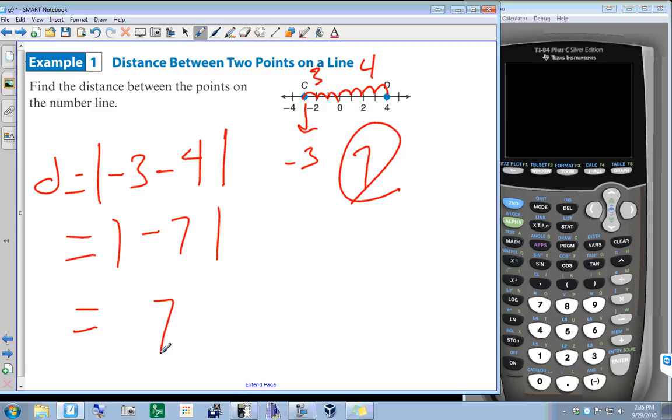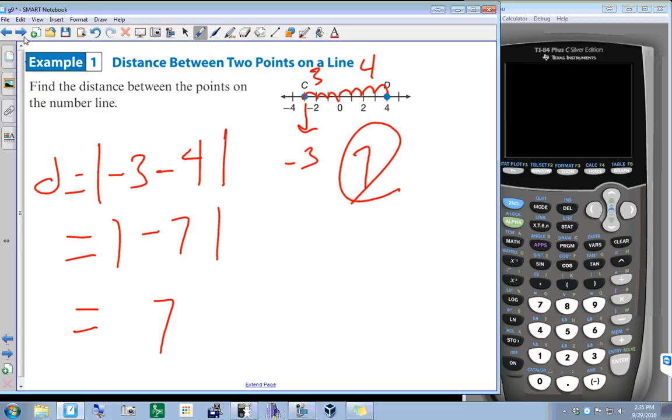Now, you're not always going to be able to create a number line, put the values on it, and sit there and count. If you've got extremely large numbers, that's a pain. Or if you're dealing with decimals and fractions, that's a pain to draw out. So make sure that you understand what we can do.